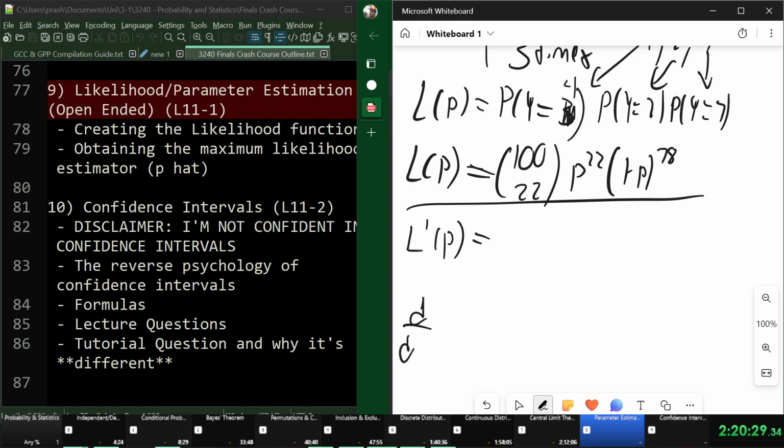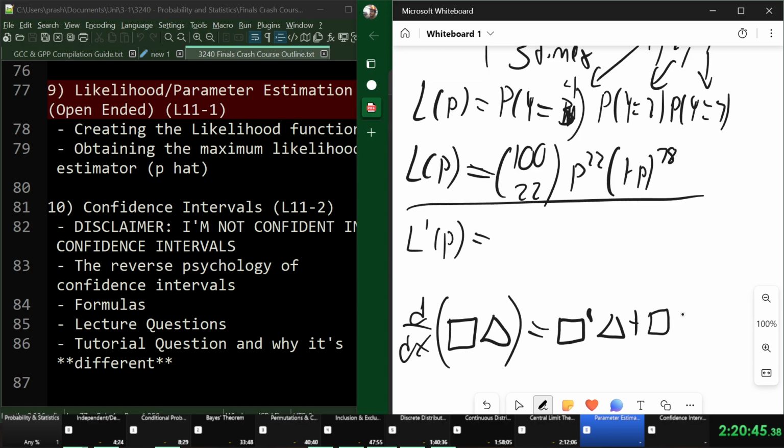So as a reminder, if you've got square times triangle, they take turns to be differentiated. You differentiate square first, square prime times triangle, plus, now triangle gets differentiated. Differentiate square first, keep triangle the same, plus, keep square the same, and differentiate triangle.